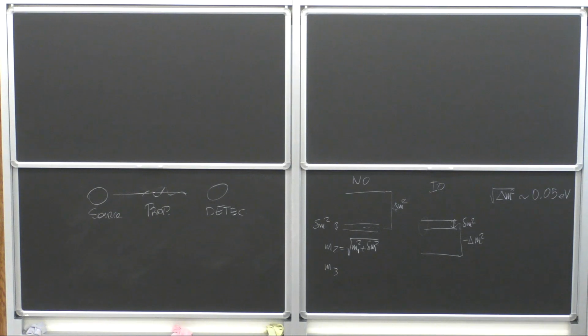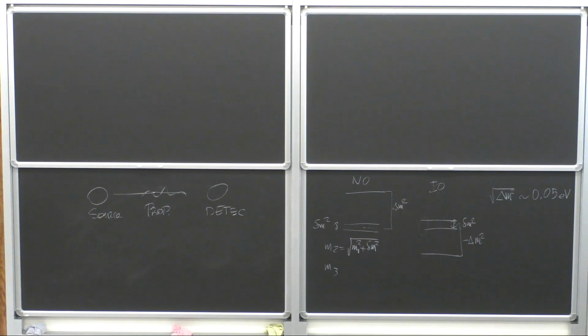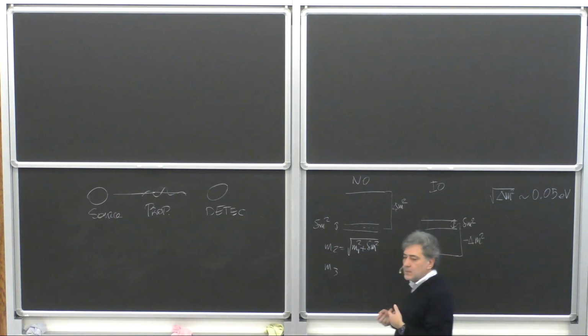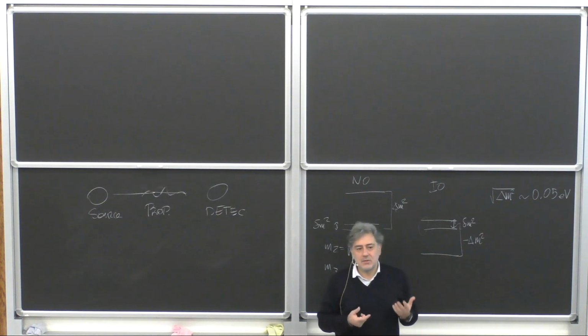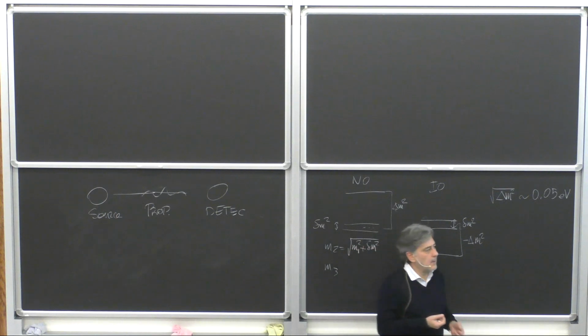You have, for instance, the probability of jump when there is this resonance due to one of the two delta m square, and another probability of jump here. This resonance happens typically at a distance of hundreds or thousands of kilometers.